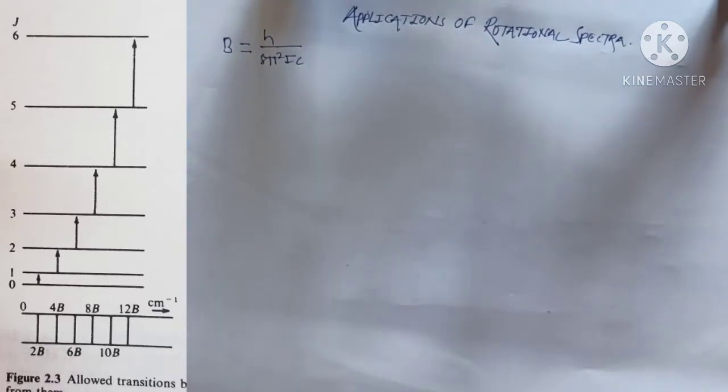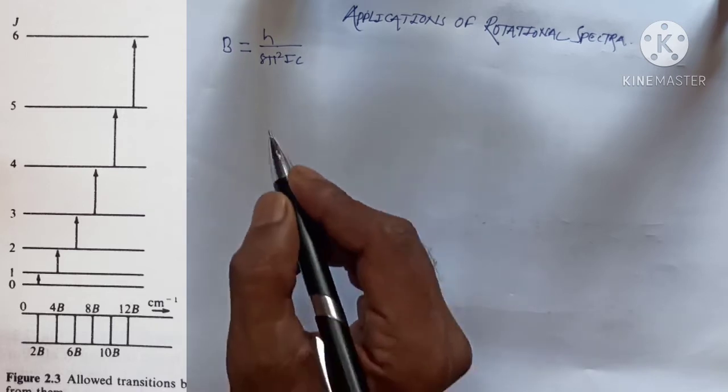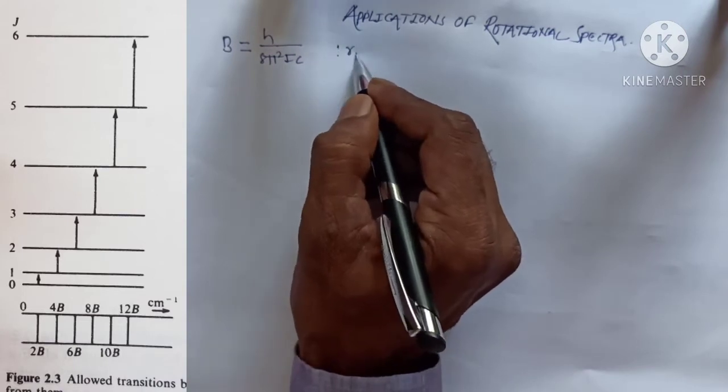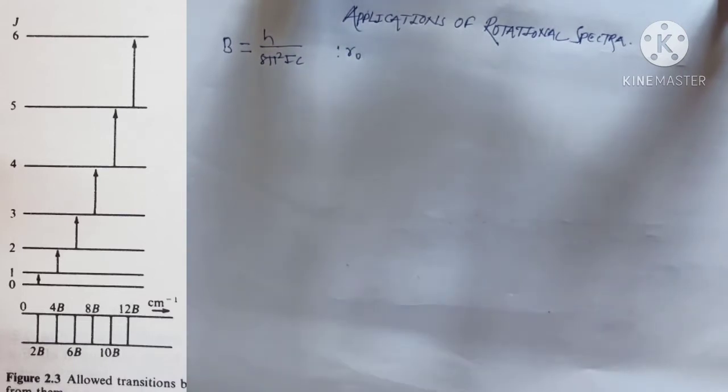Then, knowing the masses of atoms present in the diatomic molecule, it is possible to calculate the distance between the atoms, that is r0. That is the internuclear distance, also known as bond length.